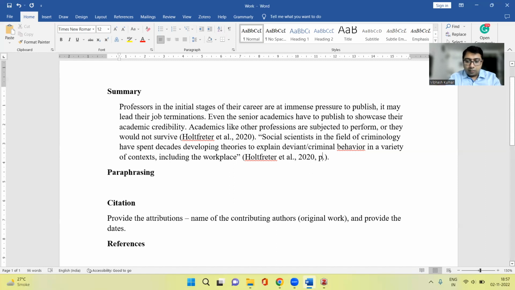So I'll be writing 2163 here, and that's that. So when I take the direct thing here, which we also call quotes, this is also one of the ways in which we can provide evidence. When we take quotes, verbatim information, then we need to provide the page numbers along with the citation.